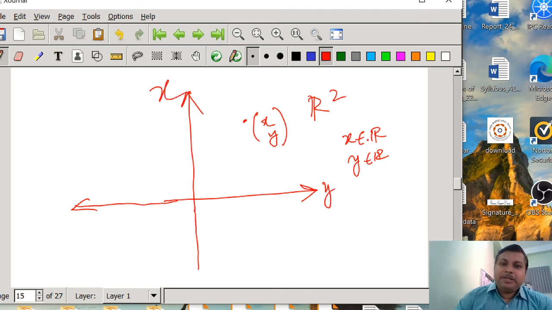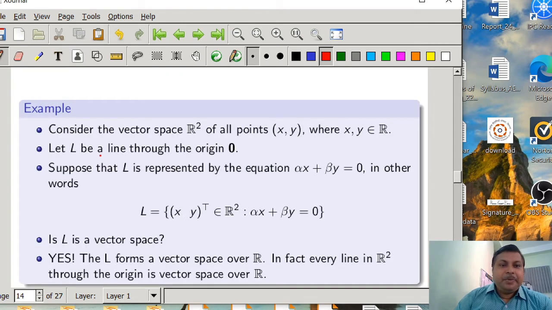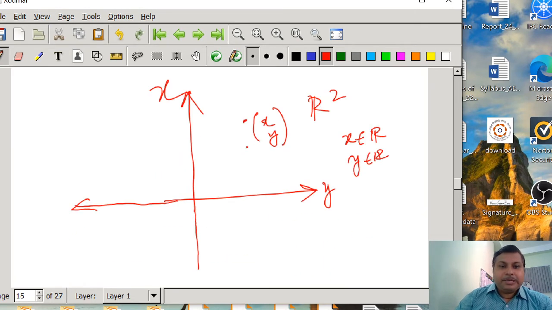Fine. So now this is a vector space, which we have already understood. Now what we are doing is, let L be a line through the origin 0. So now you can see that this is the origin, which also represents a vector, that is the zero vector, 0 0.